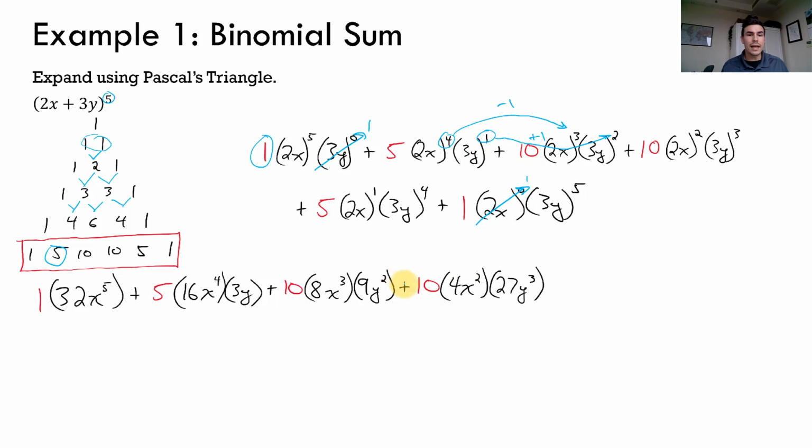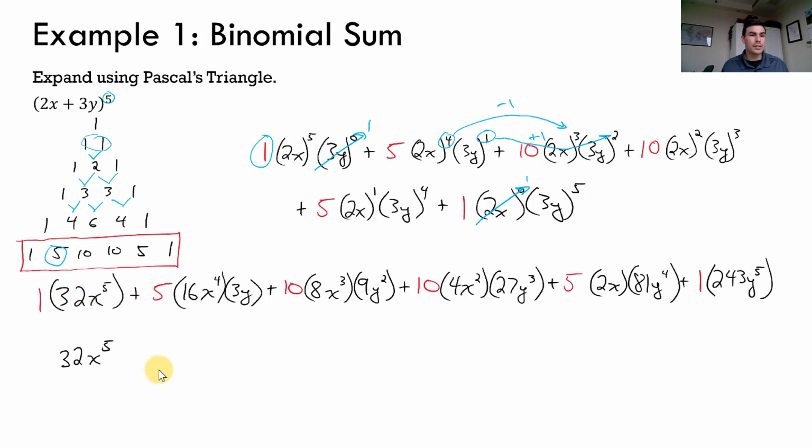So then I'll add 10 times 4x squared times 27y to the 3rd, plus 5 times 2x times 81y to the 4th, plus 1 times 243y to the 5th. Okay, and again, my 2x raised to the 0, that just goes to 1, so I don't have to worry about that term. And then from here, again, I just need to multiply all of my coefficients together.